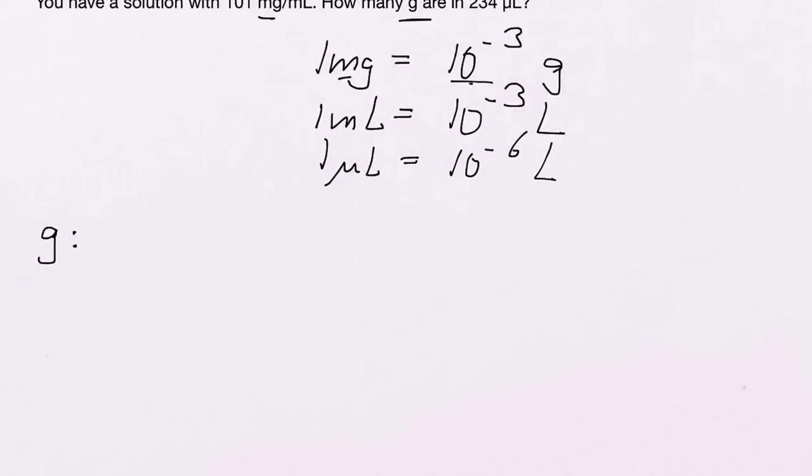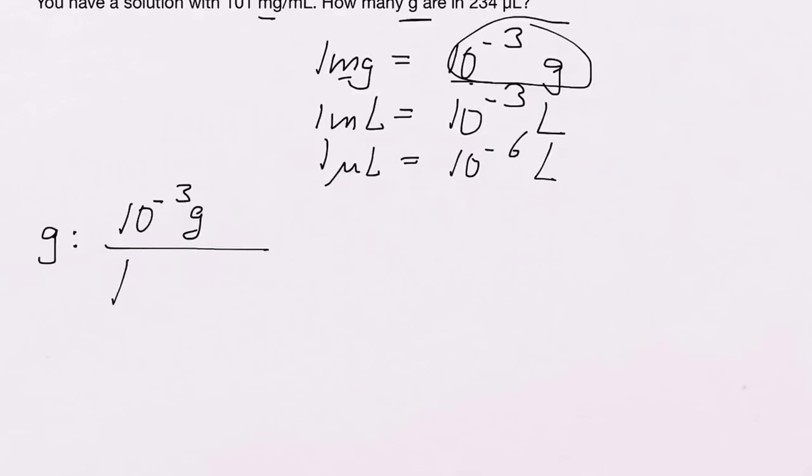Now, let's get things going. So we are looking for the unit gram, and we have grams here in this part here. So we write it as 10 to the minus 3 gram. And that is in 1 milligram. Now we've got the right unit here, so that's good, but we want to get rid of the milligram.